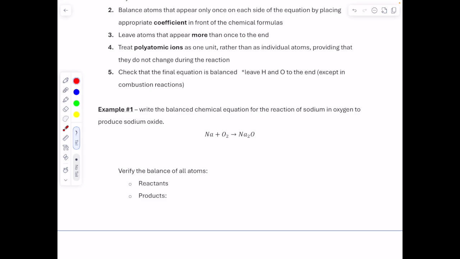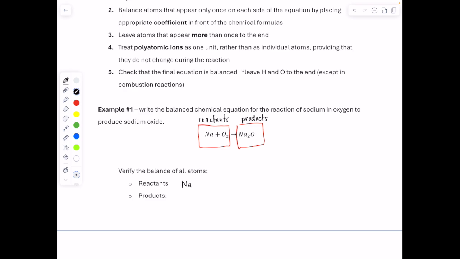For the reactants, sodium and oxygen, we see that there is one sodium for the reactants. But in the products, we see that there are two sodiums.